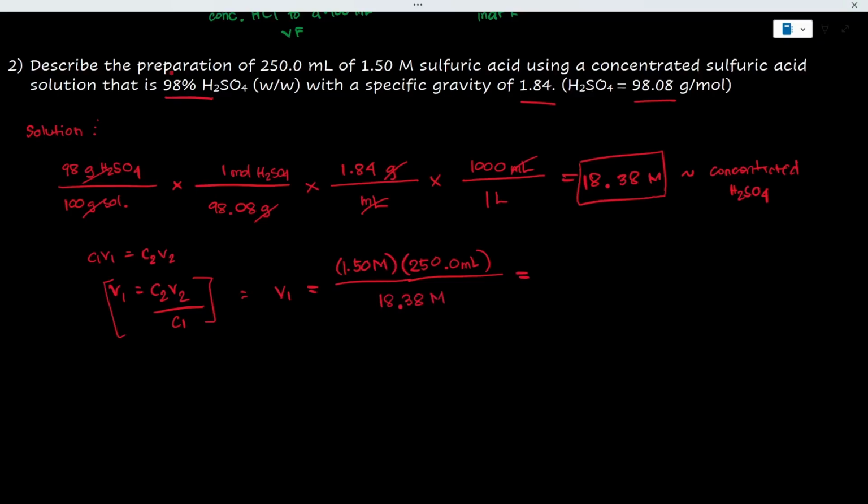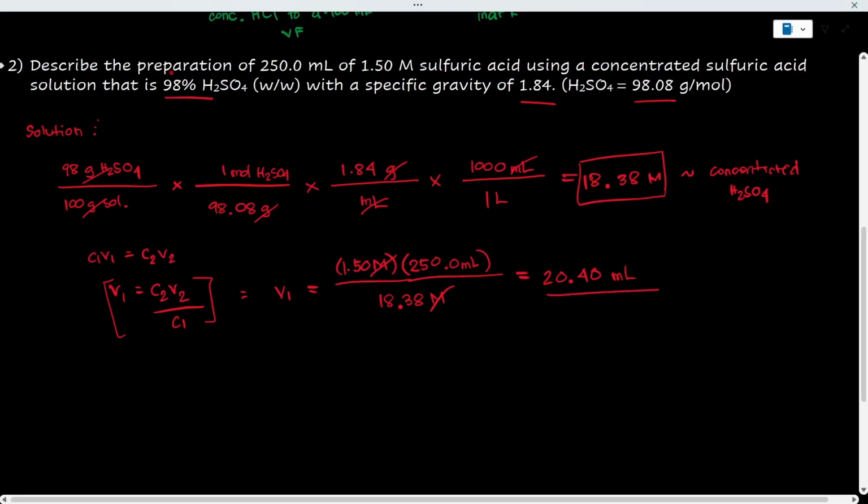Let's solve for V1. That is 20.40 ml, since we can cancel molarity. So this is V1, the volume needed to prepare the 250 ml of 1.50 molar sulfuric acid.